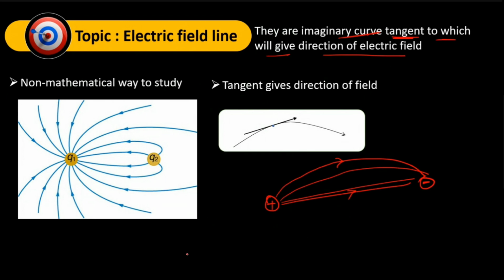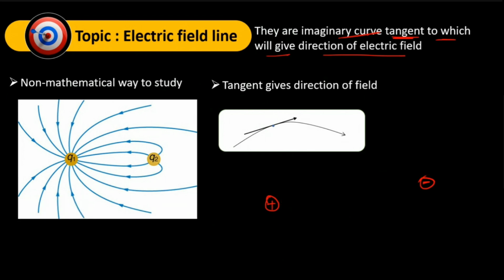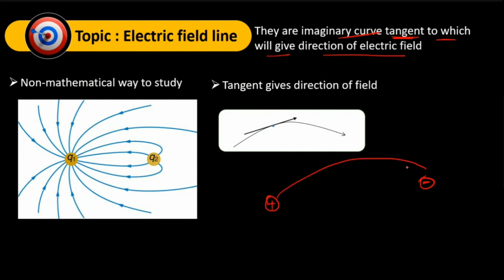So at any point, if we want to find the field line's direction, we simply draw the tangent to that field line, and that tangent gives us the direction of the electric field line. Like if I assume it to be here, then the field line direction is supposed to be here. It is a non-mathematical way of studying.